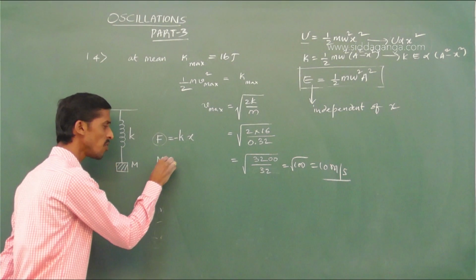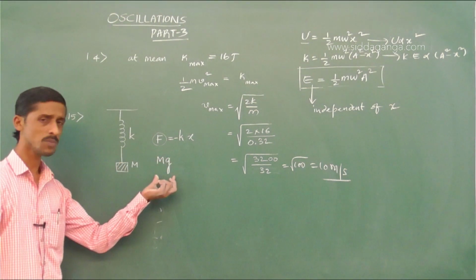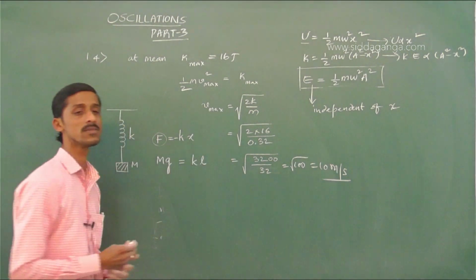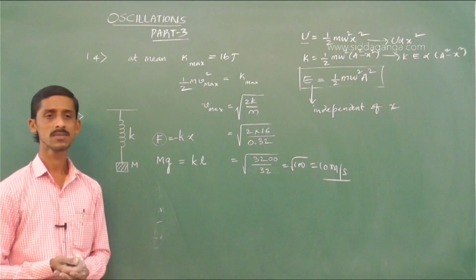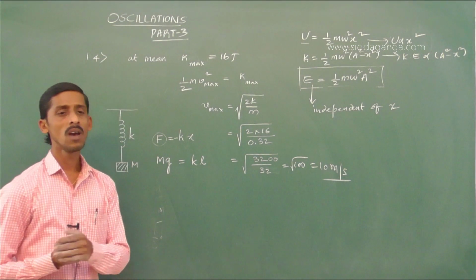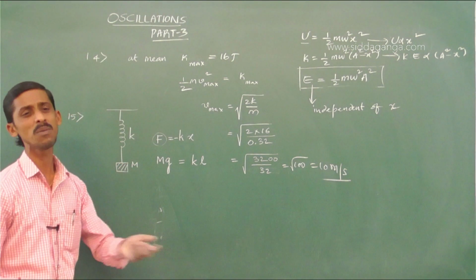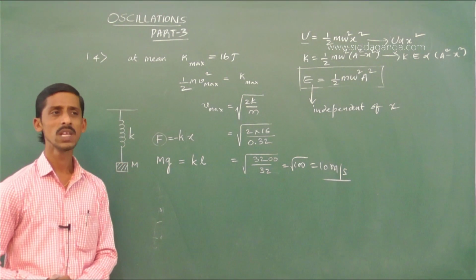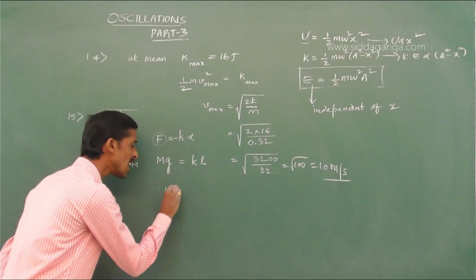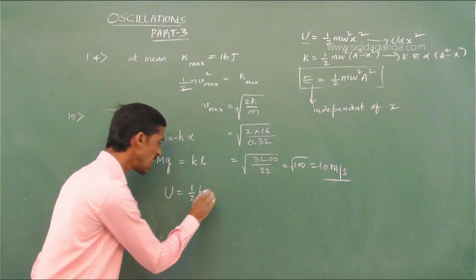Because of the force, that is the connecting load mg, which is equal to k into L. When the spring is stretched or compressed, potential energy is stored. The work done, or potential energy stored in the spring, is half k x square.